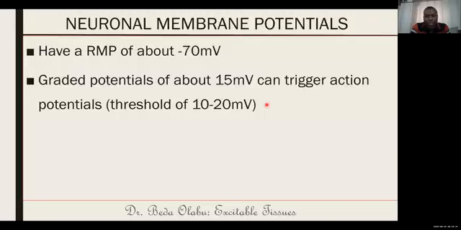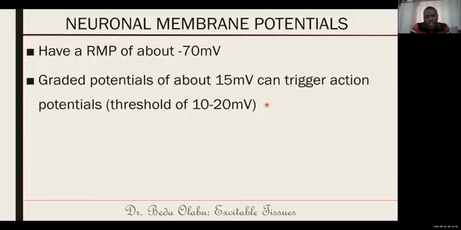So if the membrane potential is at minus 70, if you have a disturbance that makes it go to, let's say, minus 61, that will not generate an action potential. If you have a disturbance that at least disturbs it by about 20 millivolts, that will definitely generate action potentials.